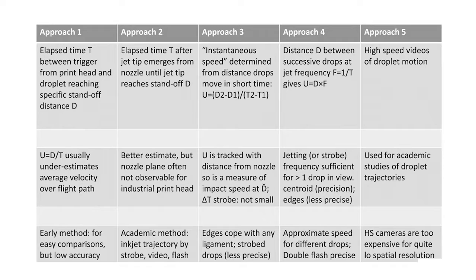Well, that's a very easy way of doing it, but it doesn't take into account any delays in production of a drop caused by a printhead trigger. So it's very unreliable as a method. However, it is the simplest, so people still do it. But if you really want to compare printhead to printhead, you have to do a lot better. So you have to get more involved, and I'm not going to go through that here.